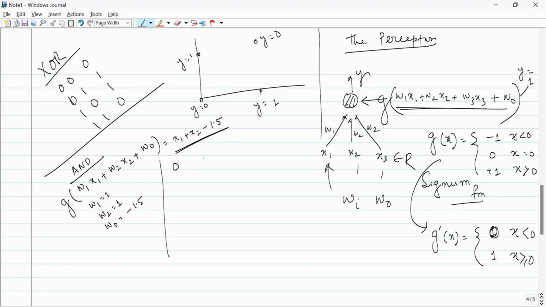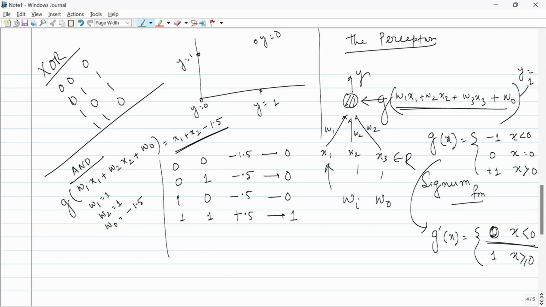If x1 and x2 are both 0, then this is going to be minus 1.5, which will satisfy this, so the output will be 0. If one of them is 1, then this will be minus 0.5, which will again be 0. If both of them are 1, then this will be plus 0.5 and this will be 1.